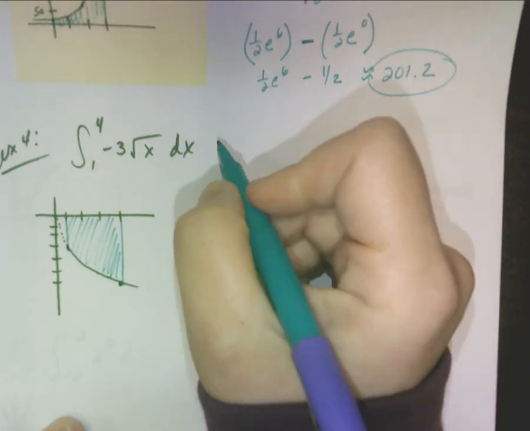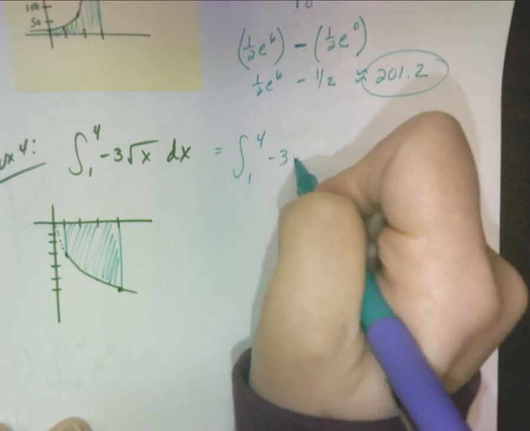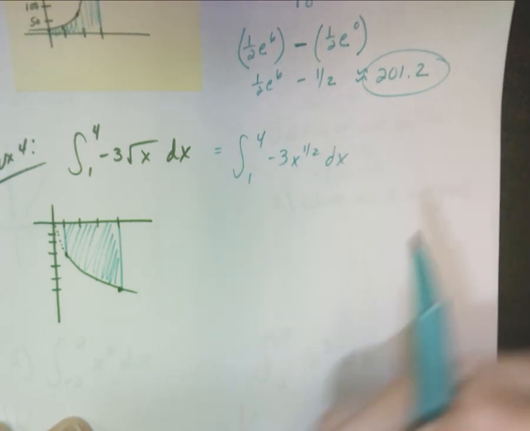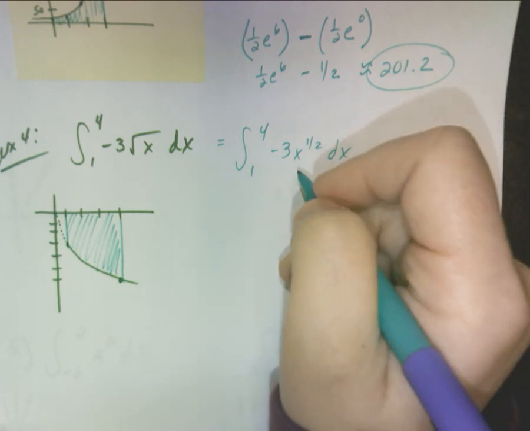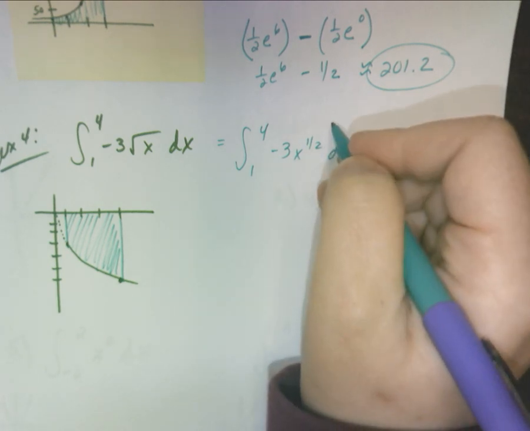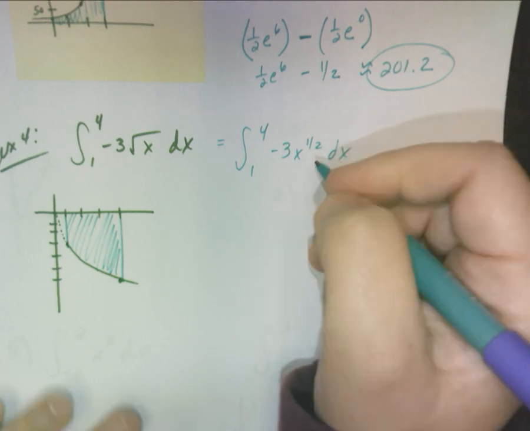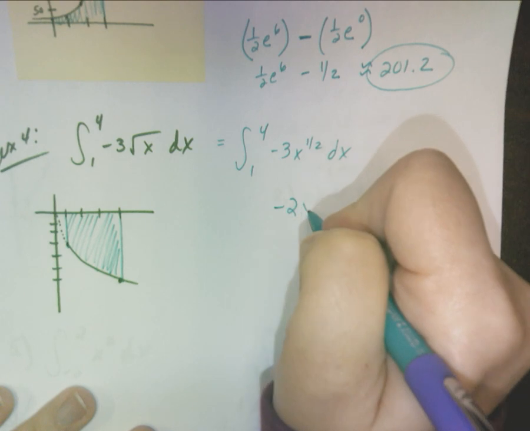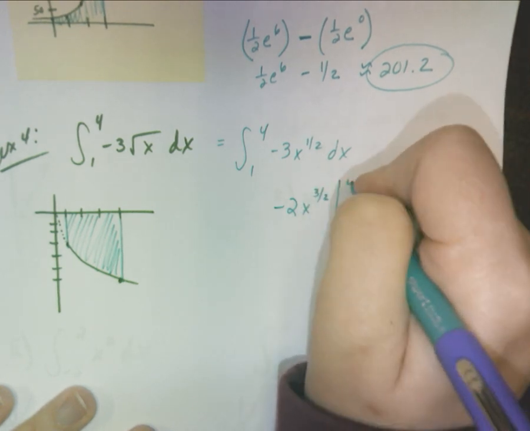So I would actually rewrite this as the integral from 1 to 4 of -3x to the 1/2. And add 1 and divide. So what do we get? Add 1 would be 3/2, divide by 3/2. The 3's are going to cancel, so I end up with -2x to the 3/2 from 1 to 4.